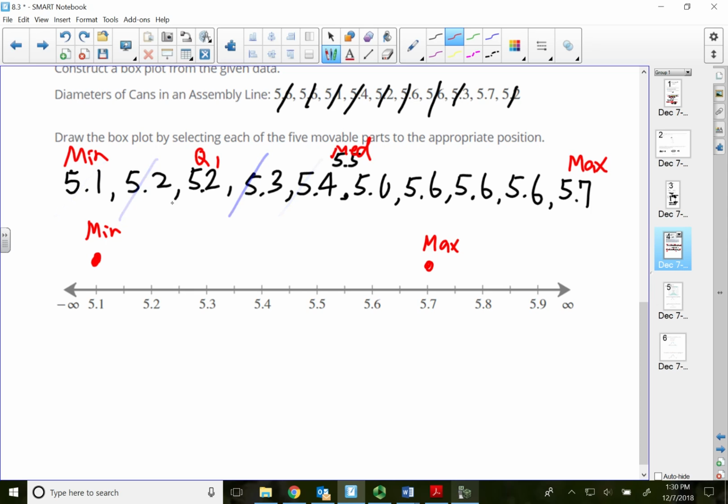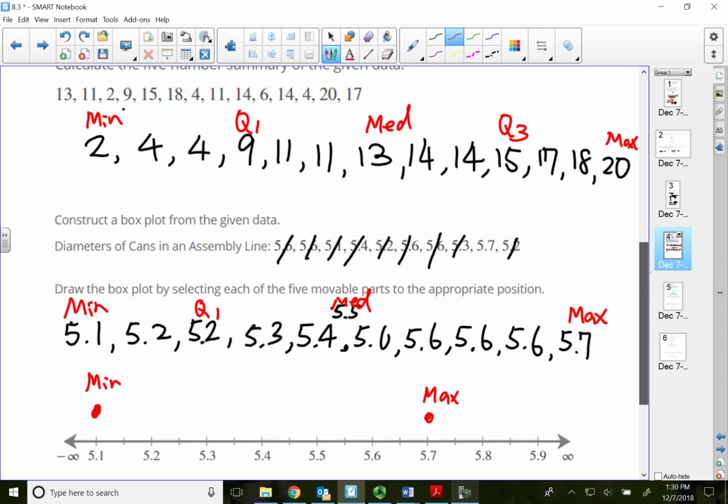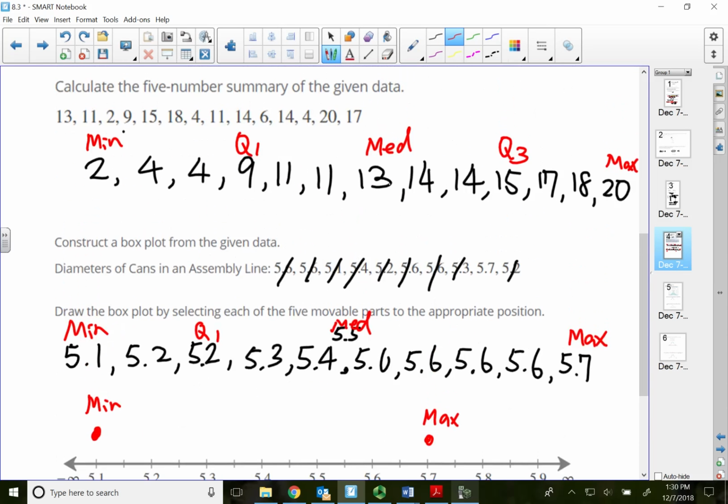Okay, we got to be careful because I got an even number of data here. So 5.5 is going to be my median. So 5.5 to the left is the bottom half. So to the right side of 5.5, these numbers are my top half. But earlier, when I did this previous problem, my exactly half is at 13.